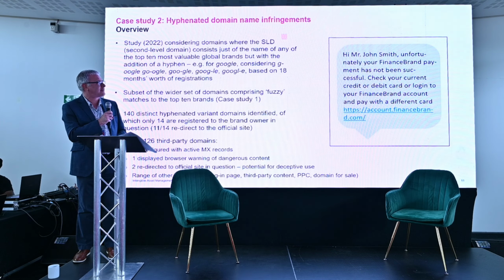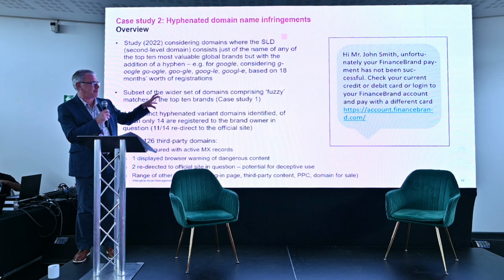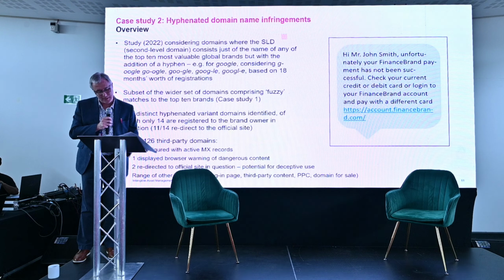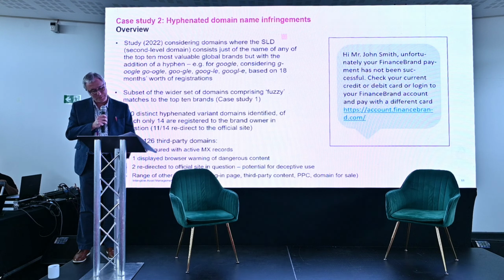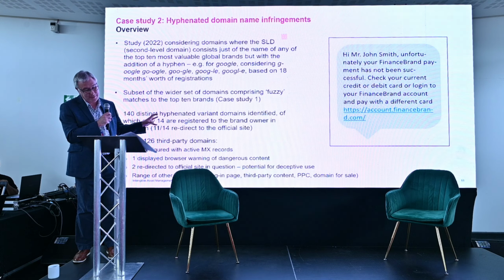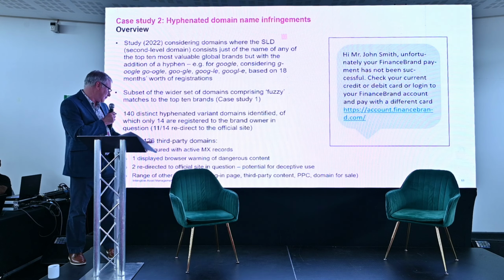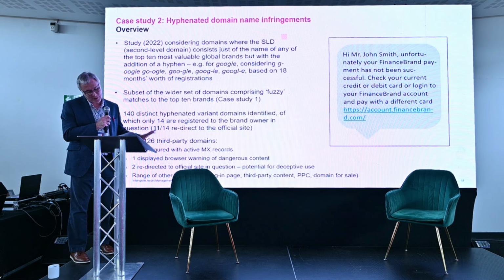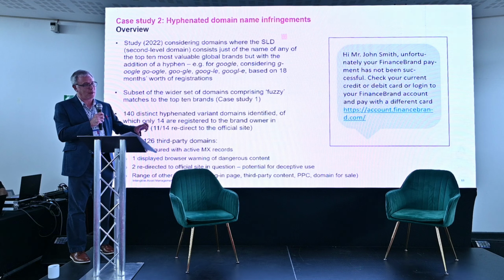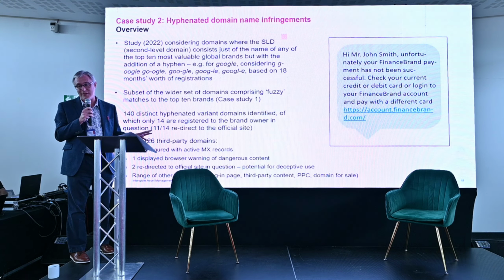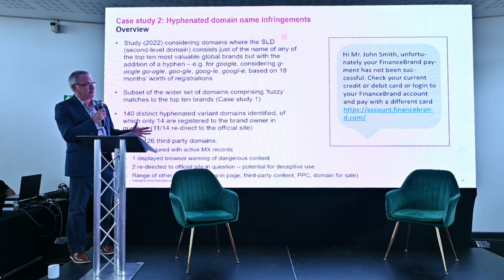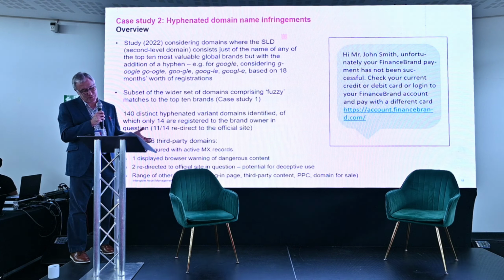This is a subset of the type of fuzzy-match typos that we were looking at in the previous case study, and again you see some similar things. Of the roughly 140 domains that we found registered, only 10% were registered defensively by the brand owner. All of the rest were in the hands of third parties and potentially could be used for abuse. The other thing we're saying is that of the domains registered to third parties, there were significant other indicators that they could be used for fraud.